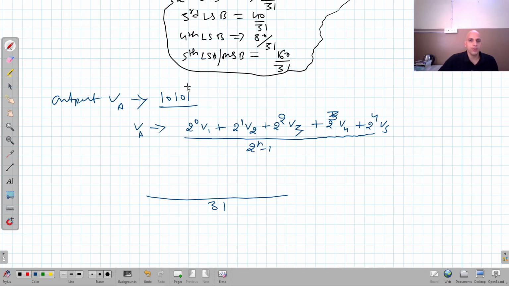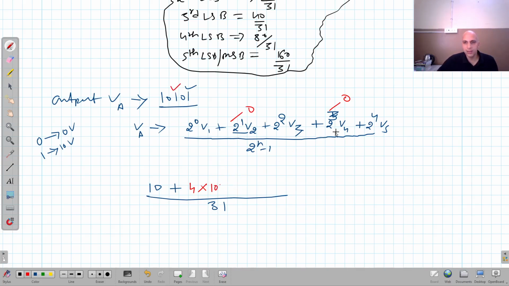2 raised to power 0 into 1, where 0 is equal to 0 volt and 1 is equal to 10 volt. So the first term is 10. The next two terms are 0, as you can see here. Then we have 2 raised to power 2, which is 4, into B3, which is 10.